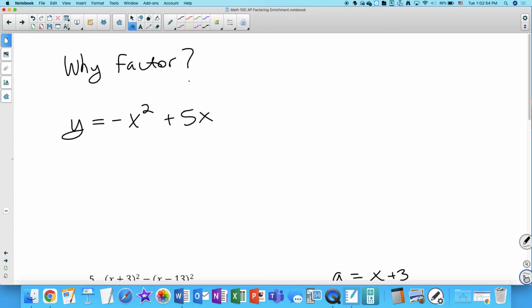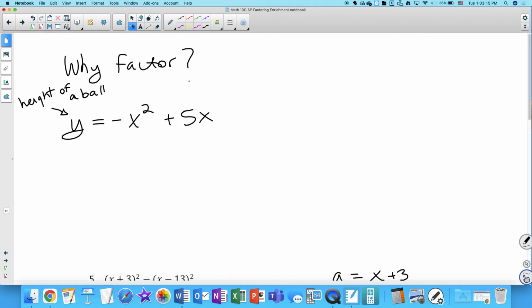You don't know what this looks like, but I can tell you that it makes that sort of arch shape. And let's say that y is the height of a ball. Pretend you're kicking a soccer ball. Can you guys picture that?